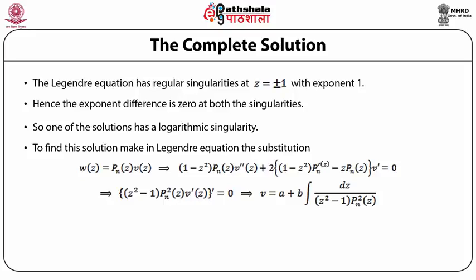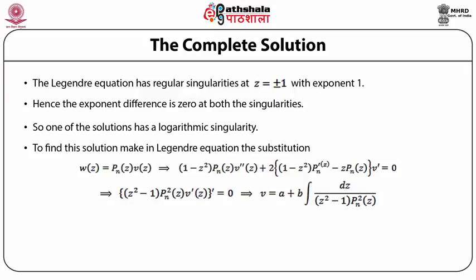Substitute this in Legendre equation and we find that v of z satisfies the equation (1 minus z square) into Pn of z into the double derivative of v of z plus twice of, within the brackets, (1 minus z square) into Pn prime of z minus z into Pn of z, brackets close, multiplied by v prime is equal to 0.